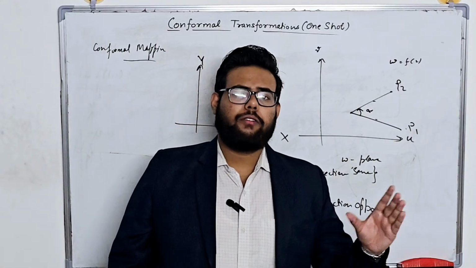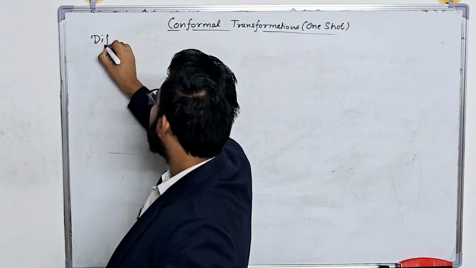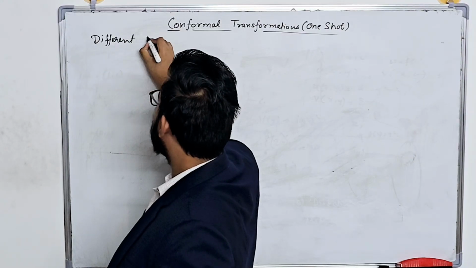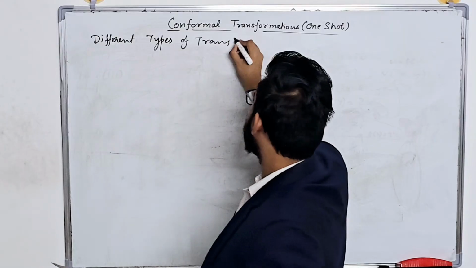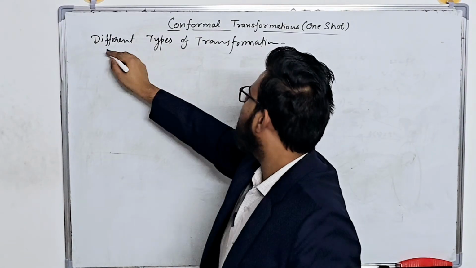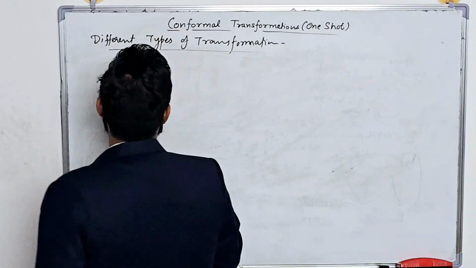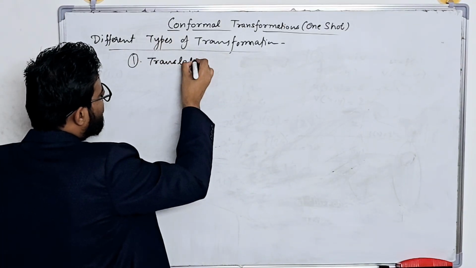Now we'll be moving to different types of transformations. Let's understand that. Different types of mapping. Transformations, we can say. Transformations or mapping, whatever you want to say. Okay? So the first one is translation.